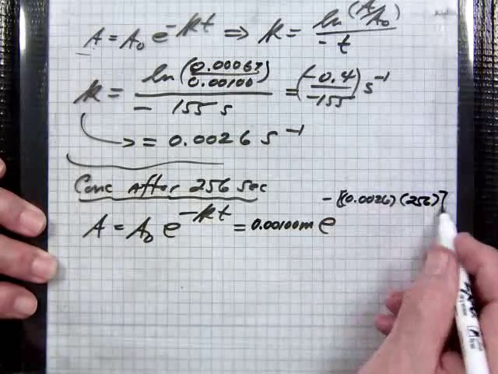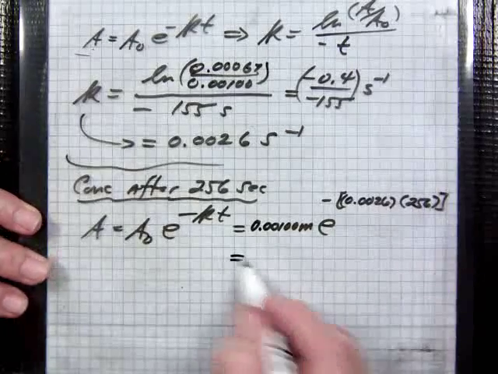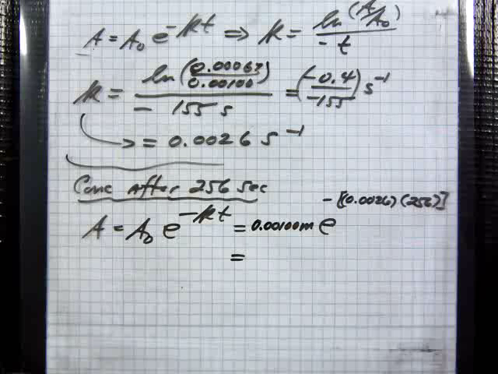The seconds will cancel out, and this will reduce that to whatever value we need. So 256 times that, and then e to the x.